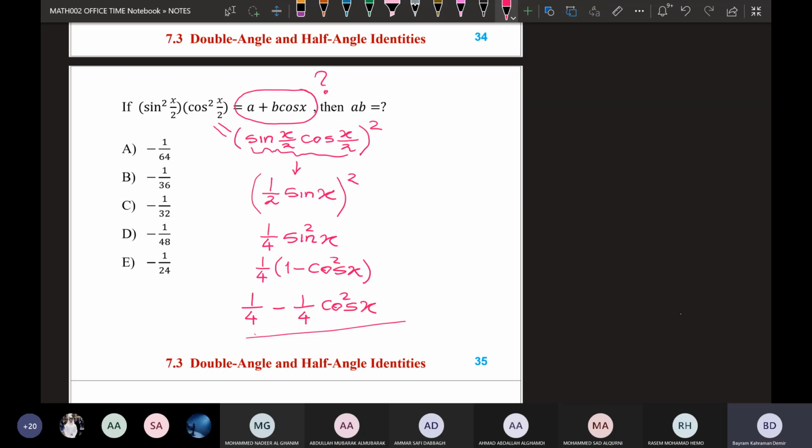But there is no square in the question. There is no square here. That's why I put a question mark here. I will check this question again, Shabab, and see if there is anything missing. We also don't see the answer, because they ask what is a times b. A times b should be negative 1 over 16 actually.